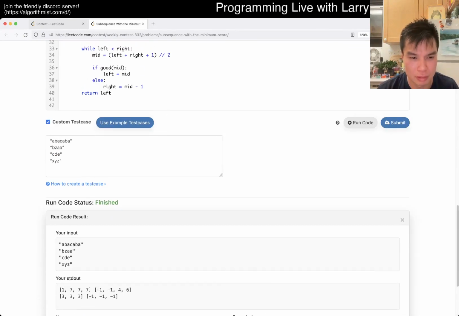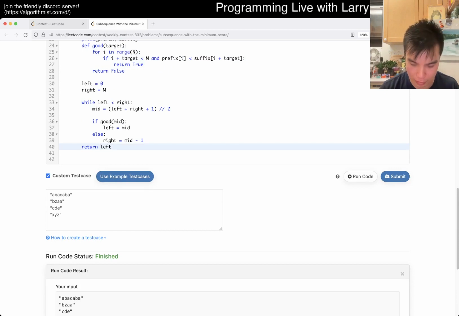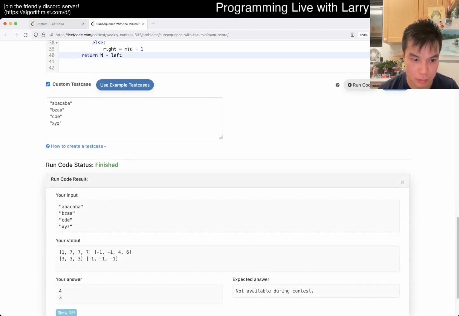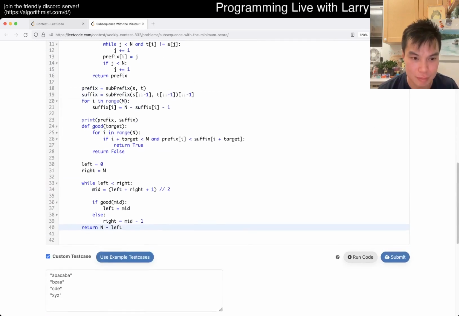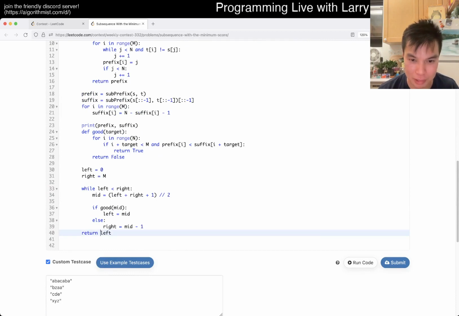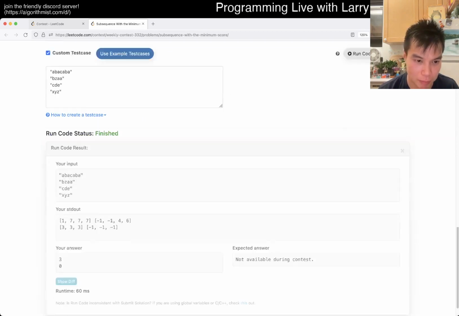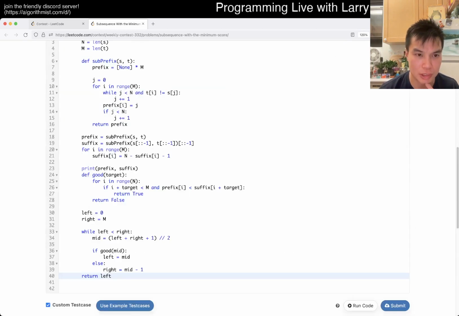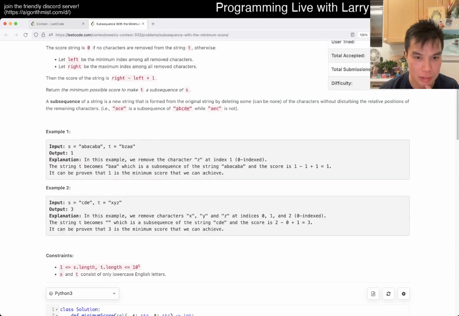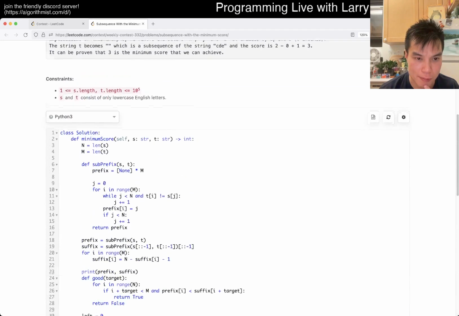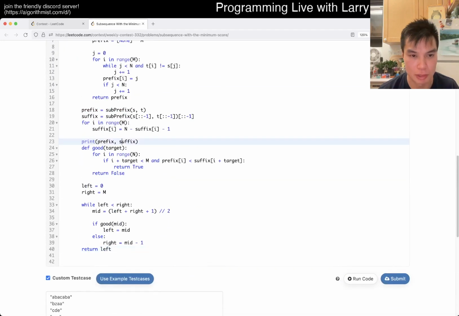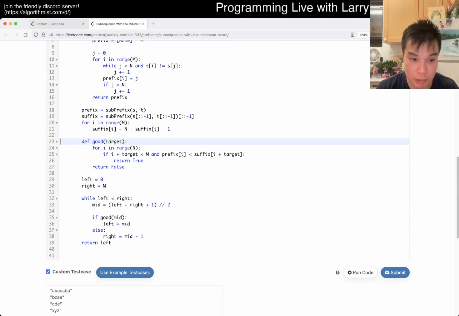Well, I think it's just N minus. Okay, that's not right either. What am I doing? So this is the number of letters you remove. So 3. That should be the answer, really. Maybe. Because we remove 3. Because that's, in theory, the number of things you remove.